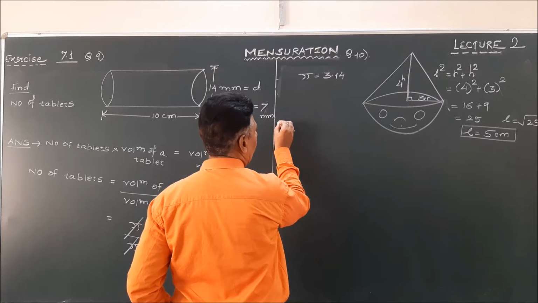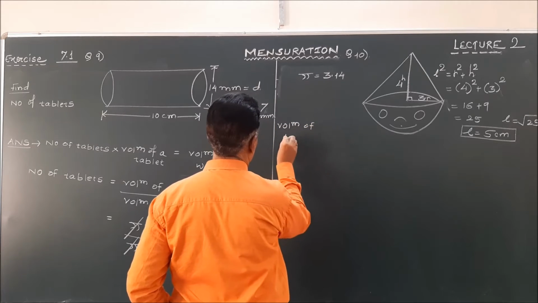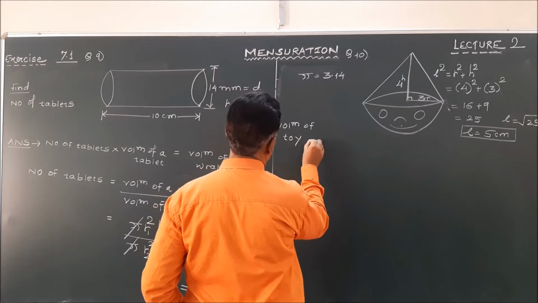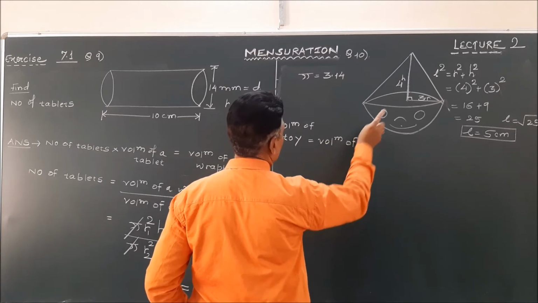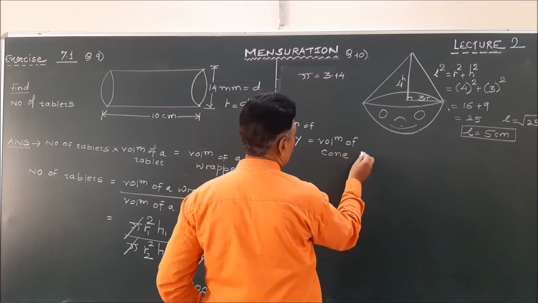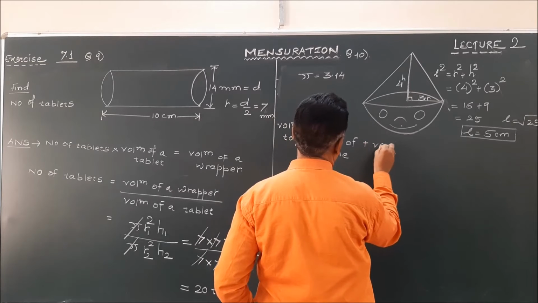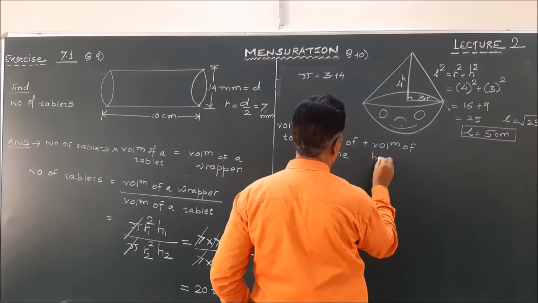First thing is the volume of a toy. Volume of a toy is equal to volume of cone plus volume of hemisphere.